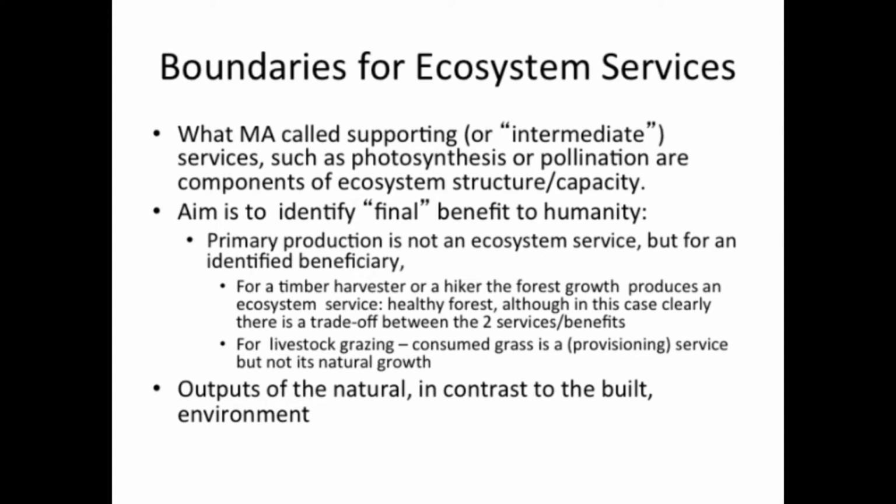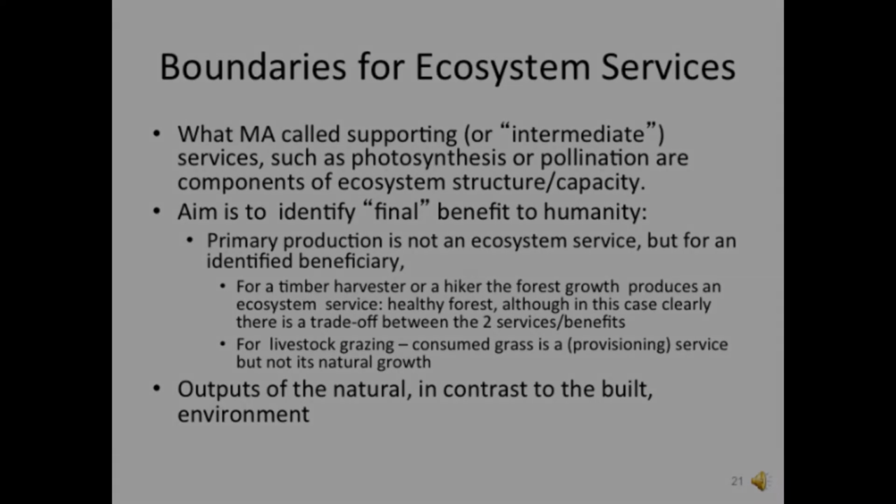For example, I mentioned above pollination, one of the supporting services in the Millennium Ecosystem Assessment, is not included as an ecosystem service in the UN experimental ecosystem accounts. But in the FEGS, although they follow essentially the same logic of this final benefit to humanity, pollination is included within their list of ecosystem services. So for some of the boundary cases, like pollination, we don't yet quite have a consensus, apparently.